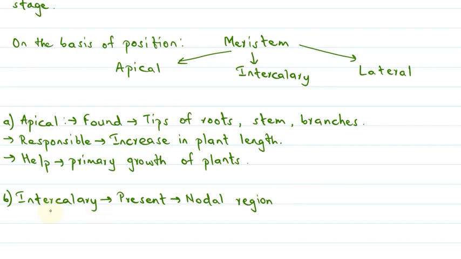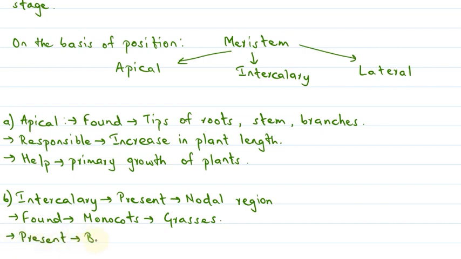These meristems are prominently found in monocots or monocotyledons like grasses, and they are present in between the permanent tissues.